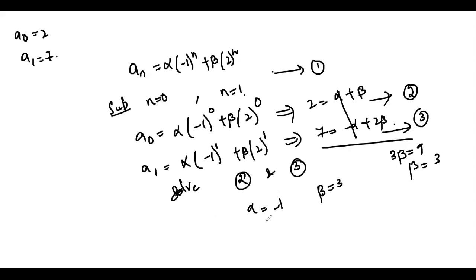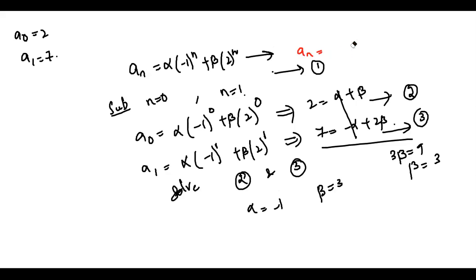Now, what is the solution to the recurrence relation? You have to substitute the values of alpha and beta in this equation. So let me write it. a_n is equal to alpha into (-1)^n. Instead of alpha, we are supposed to write the value of alpha.